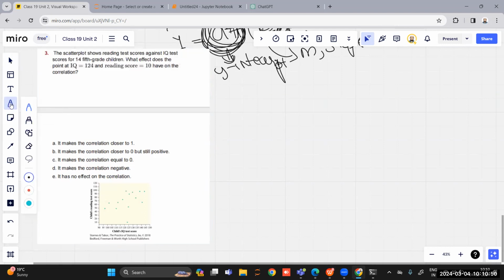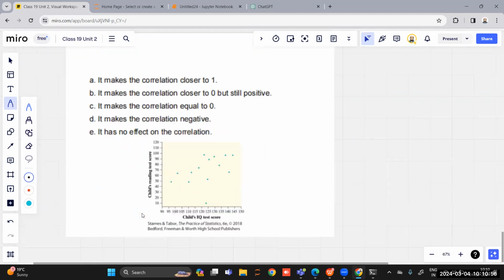We'll add 124 at 10. This is the point here. See now the line is going here. It is far away, so it will be closer to 0.